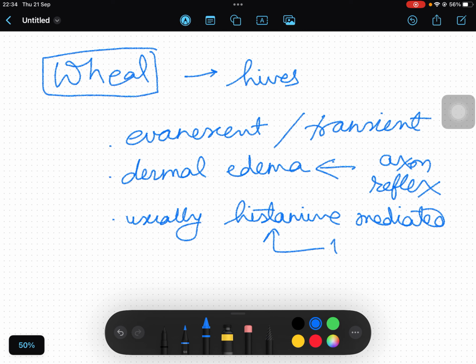So their treatment of choice is antihistamines. Antihistamines are the drug of choice.